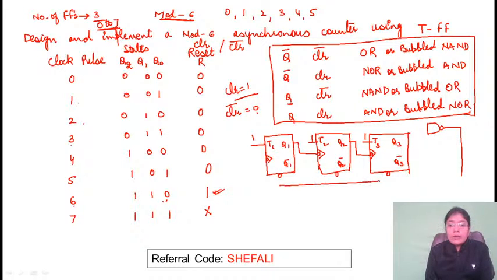This will clear when the outer clock is applied. It will clear or reset the outputs of the flip-flops. What should be the connections for this NAND? Where does the value get reset? Where did the value get reset?